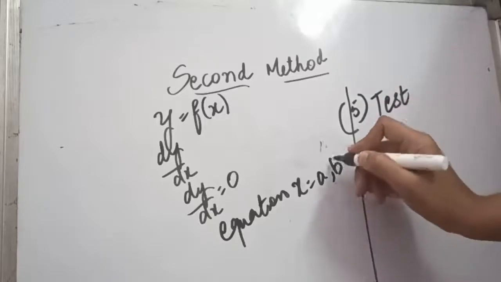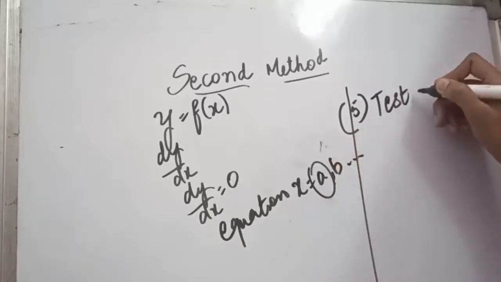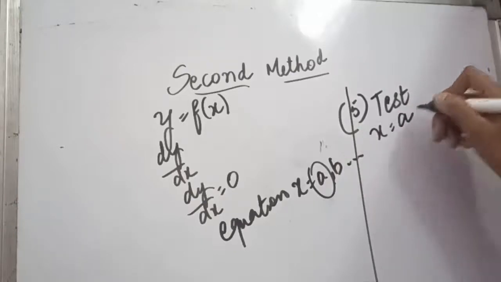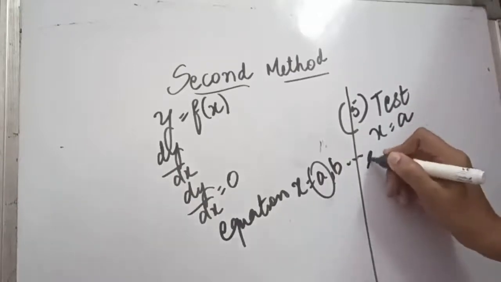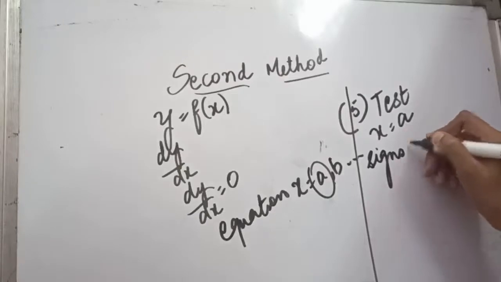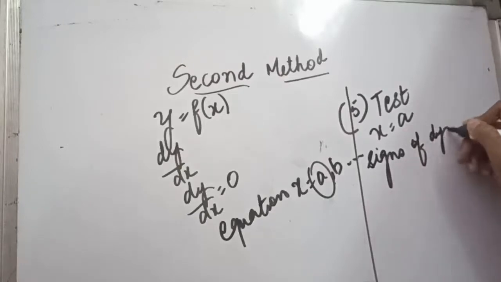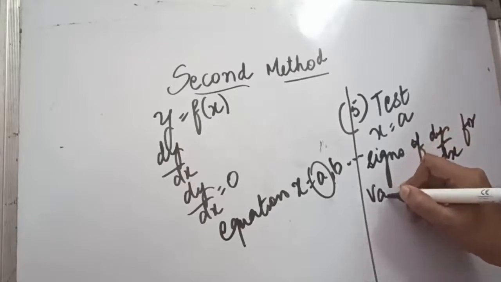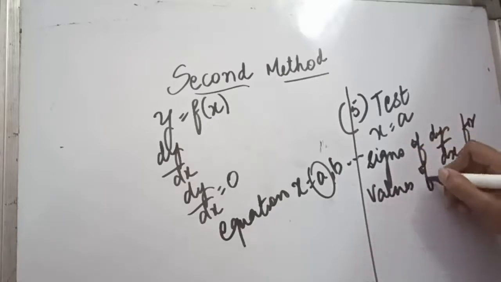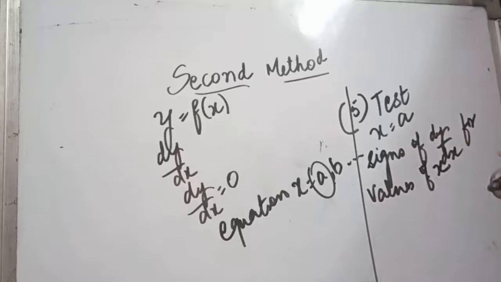So if we are testing this first value, x equals a, we will have to study the signs of dy upon dx, that is the derivative sign for values of x slightly less than a and slightly more than a.